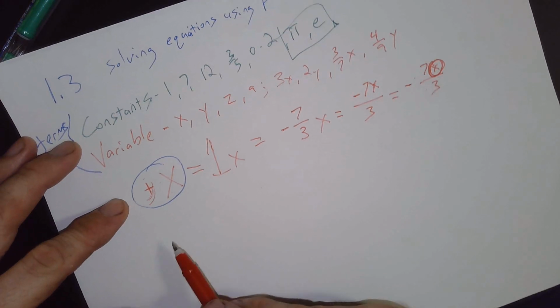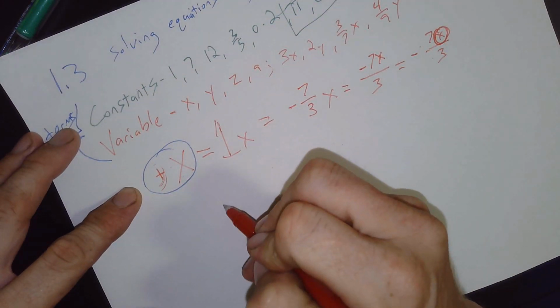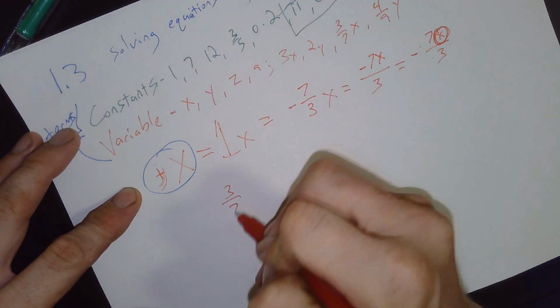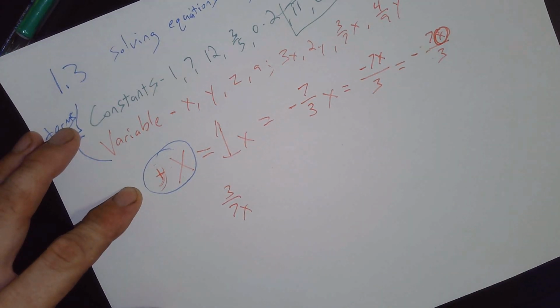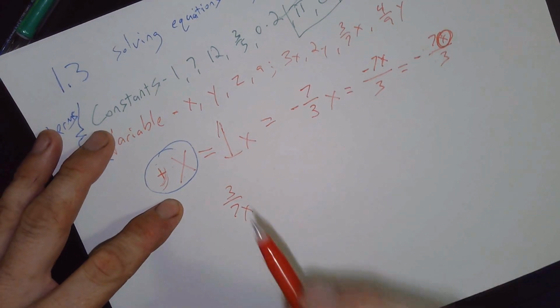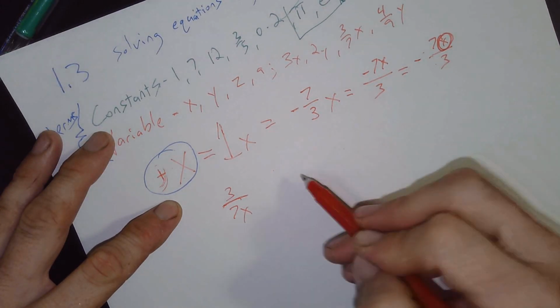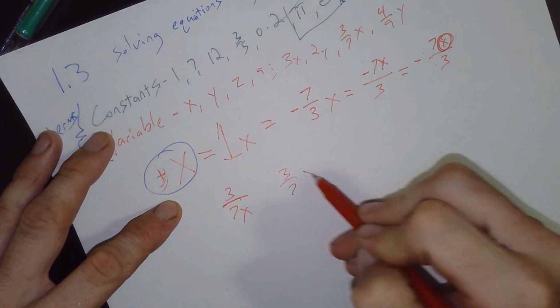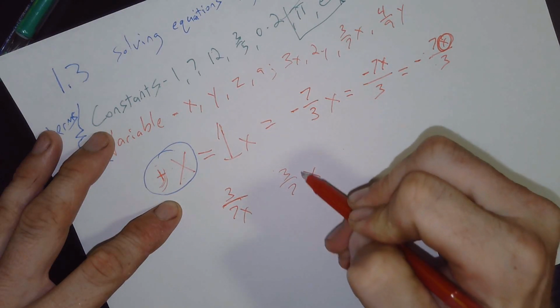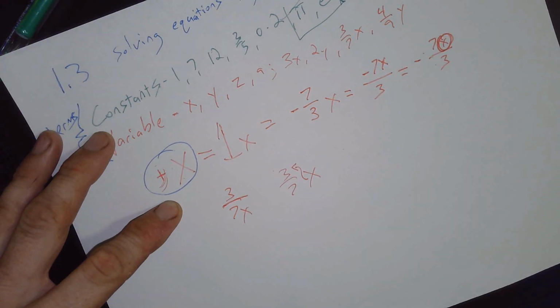Unless it is explicitly shown otherwise, it has to say something like 3 divided by 7x. If it says 3/7 x, then the x belongs to the numerator.